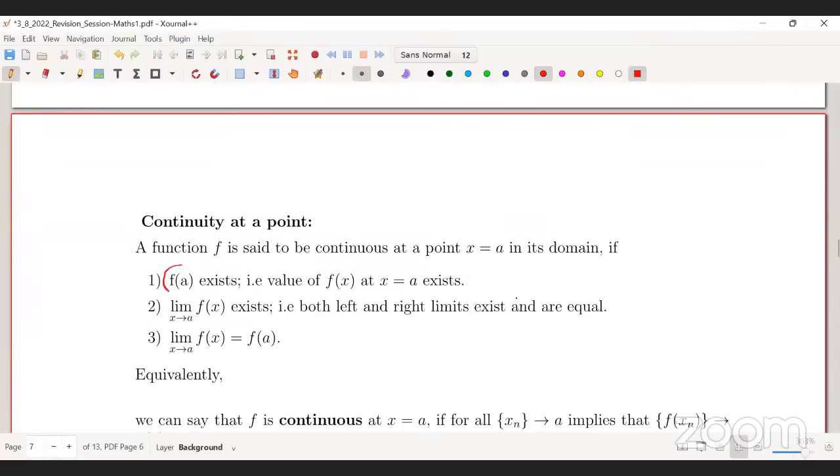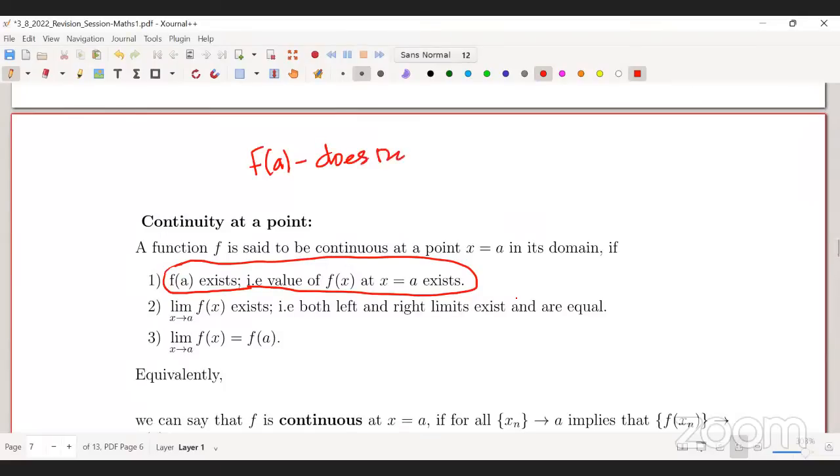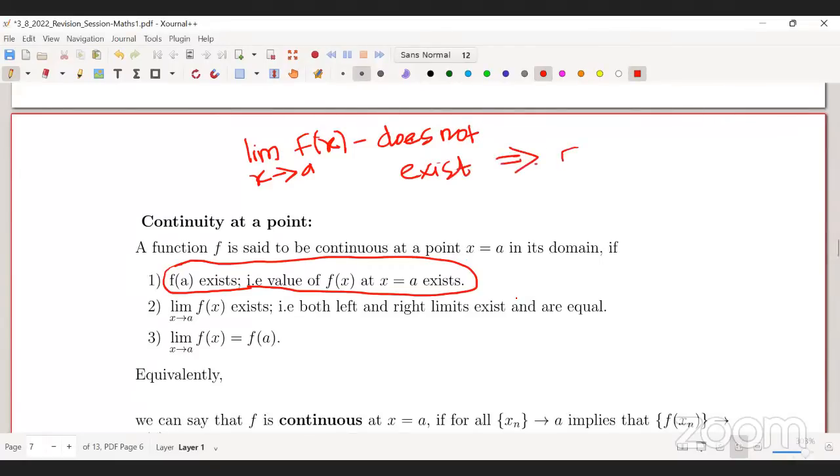If the limit of this function doesn't exist, then directly you can say that f is not continuous.